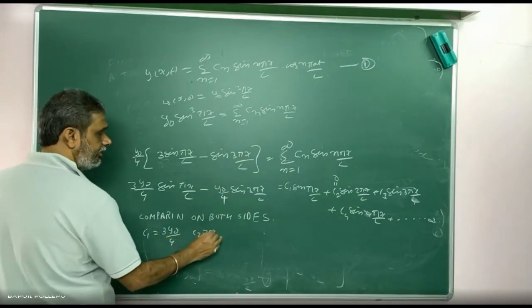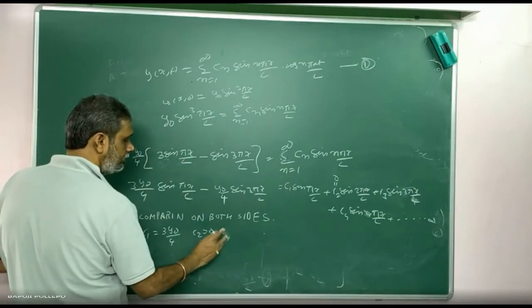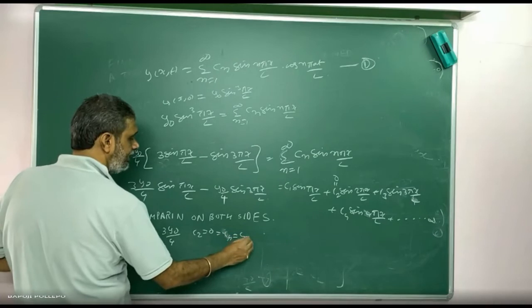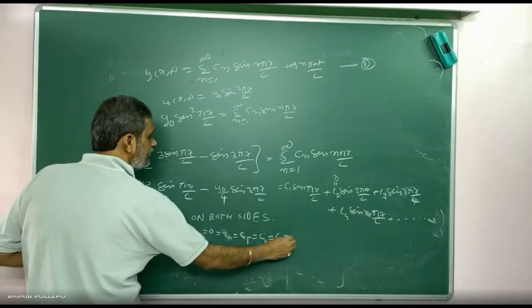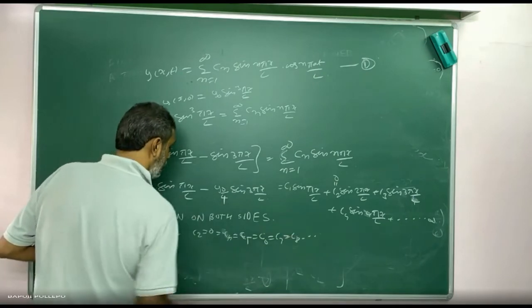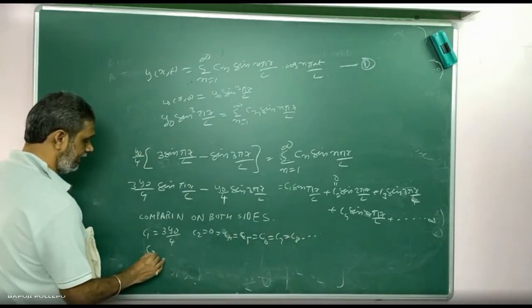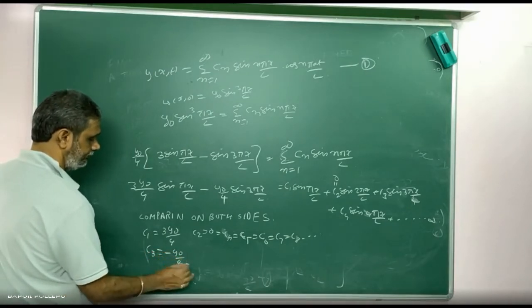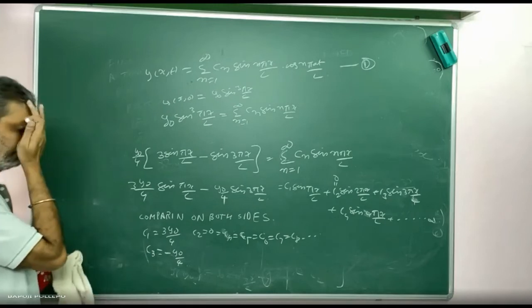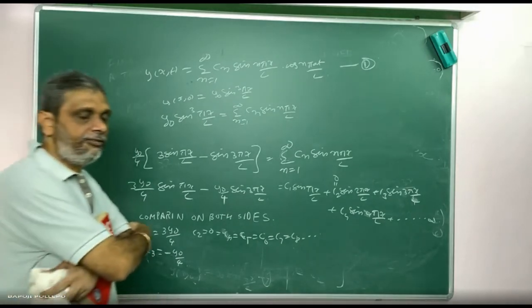C2 is equal to 0, C4 is equal to 0, C5 is 0, C6 is 0, C7 is 0, C8 is 0. But one term is lying, C3. What is C3, sir? It is a very good problem.